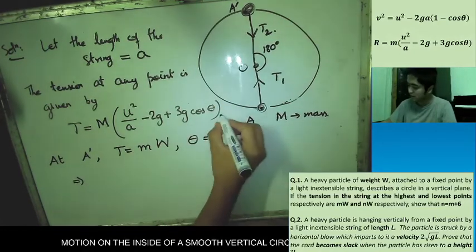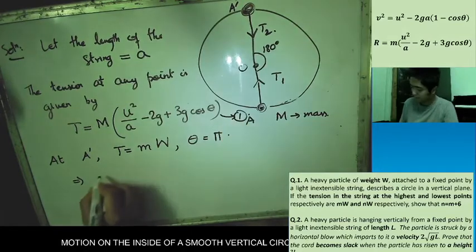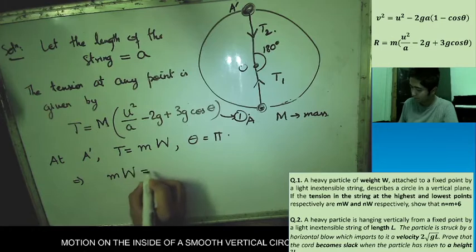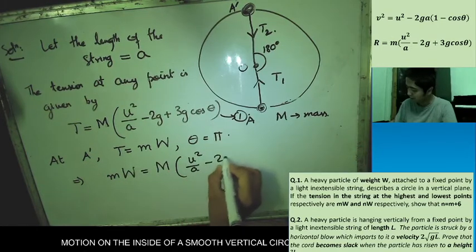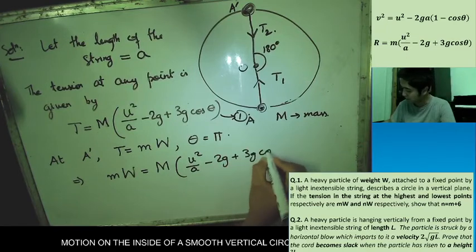Substituting in equation 1, we have mw equal to M u square upon A minus 2g plus 3g cos pi.